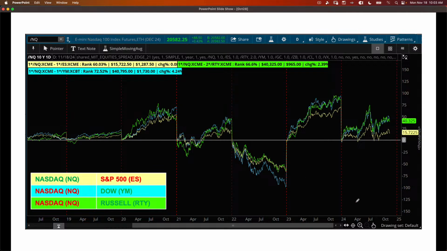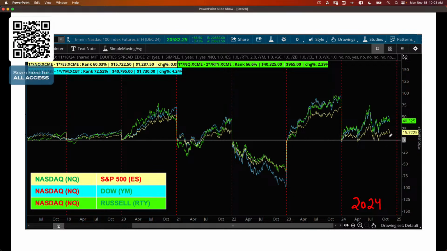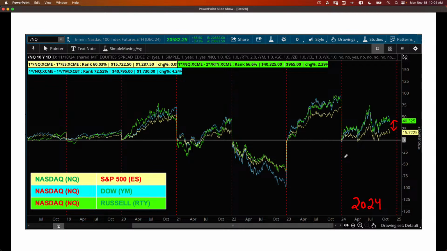So let's go into 2024 and look at what's happening right now. Right now, the yellow line is weak relative to the green and blue, if we're just looking at these 3 correlated lines. These lines are just the NASDAQ against the different indices.